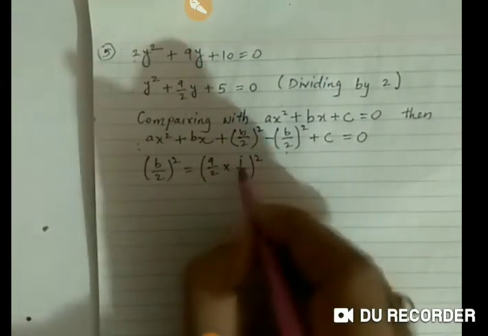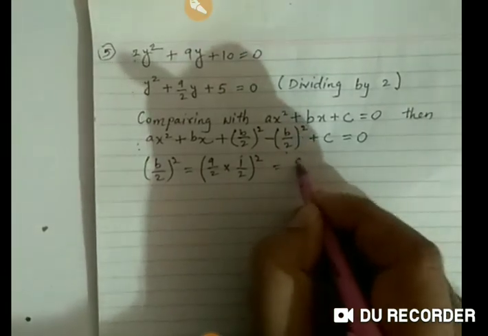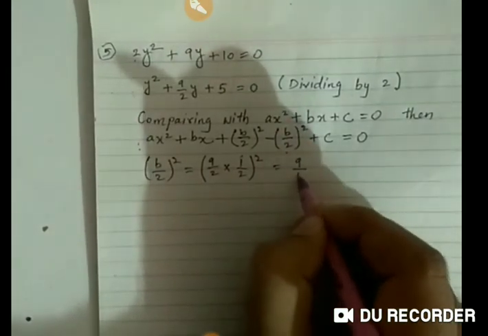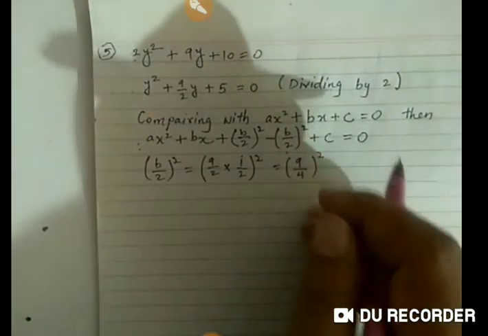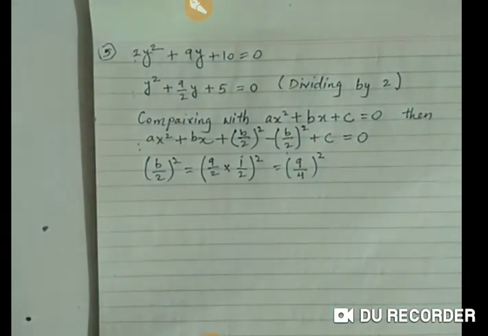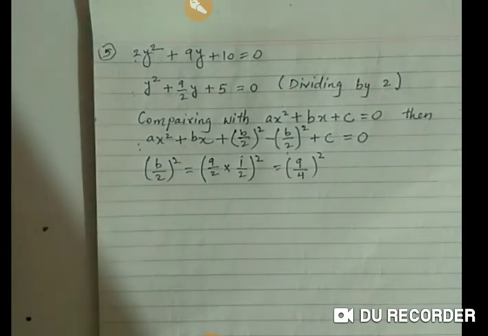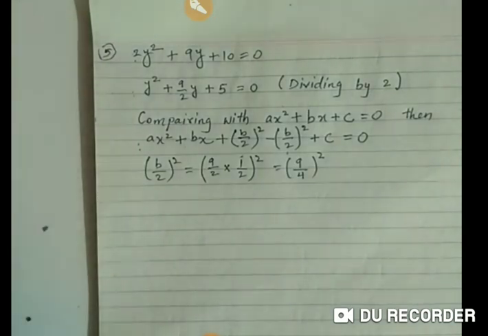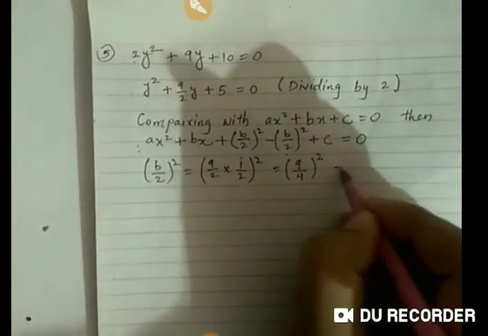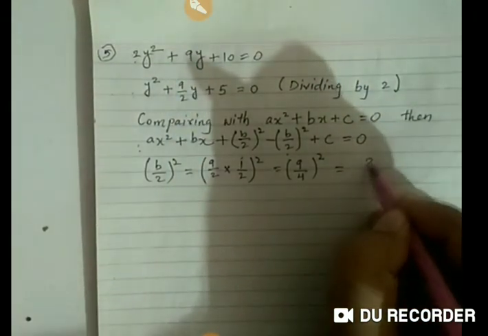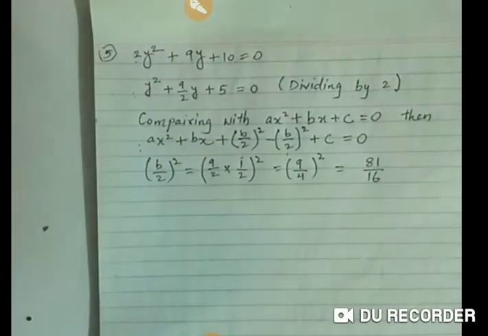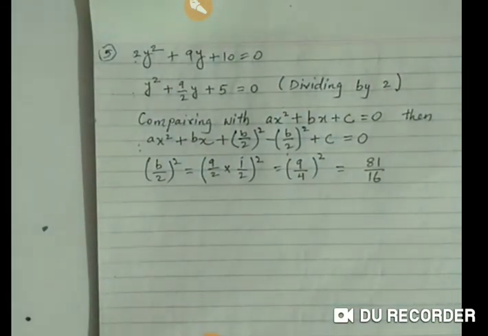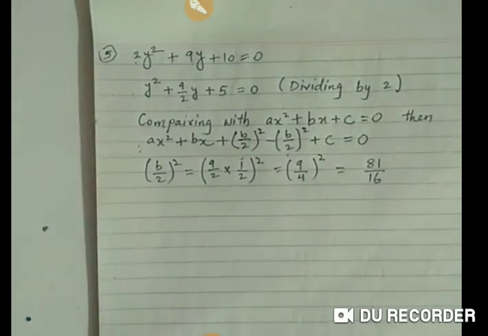Now 9 ones are 9 and 2 twos are 4, whole square. Now 9 upon 4 whole square, how much? Is it 81 upon 16? Yes. So b by 2 whole square is 81 upon 16.